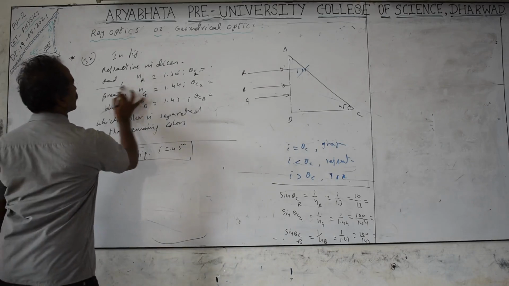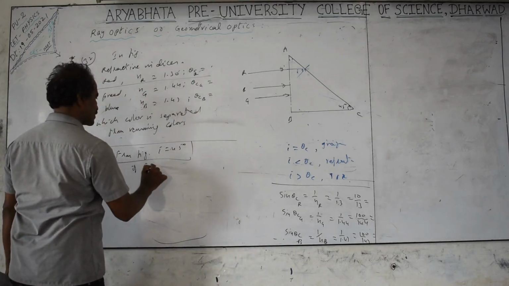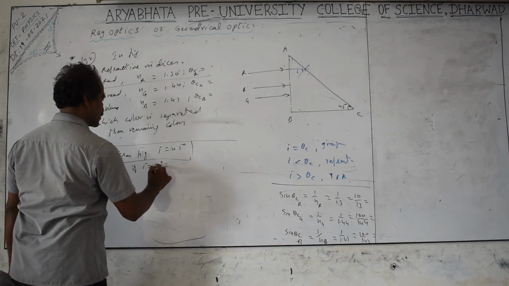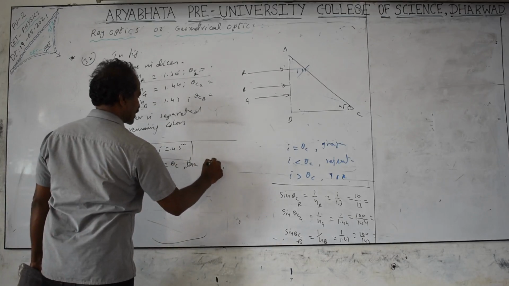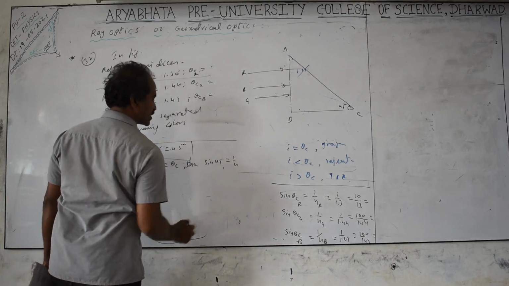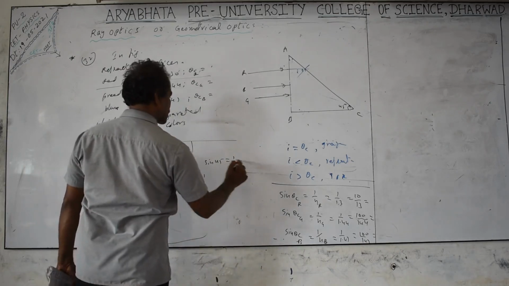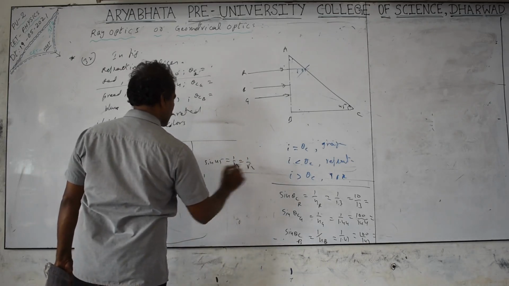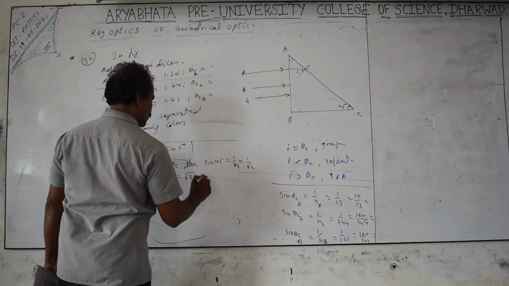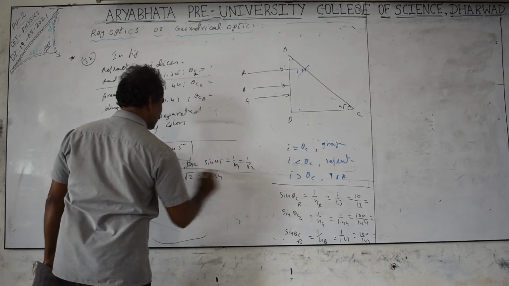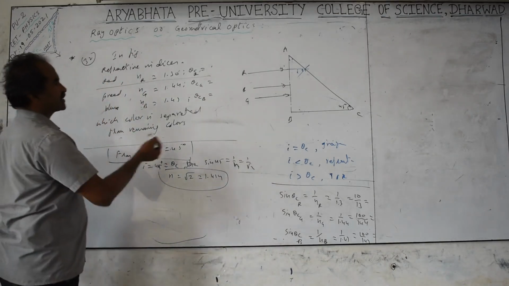So in this case, if I is equal to 45 degrees, equal to theta c, then sin 45 is equal to 1 by n for the critical angle condition. That is, n equals root 2, which is 1.414. If the refractive index is more than this, automatically the light takes total internal reflection.